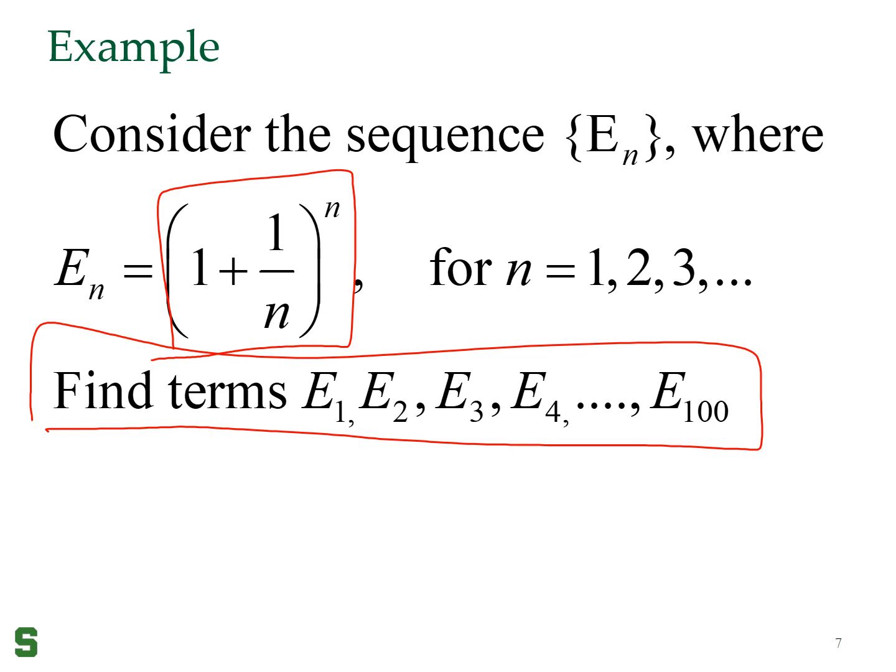What I want you to do is find numbers that are large values of n, and what you should see is that in that case the numbers start getting very close to each other. E100 would be very close to E101, E99, etc. This is a sequence that converges to the number e, which is what we use in the context of natural log, etc.